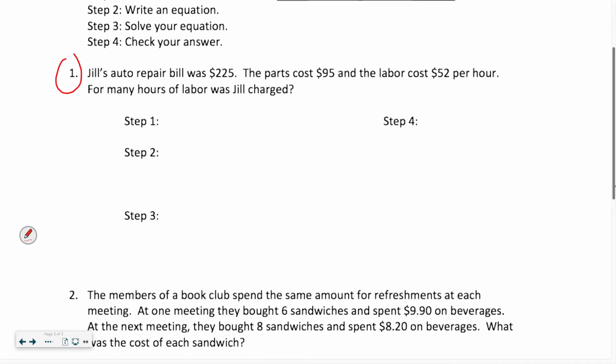So here we go. All right, so Jill, she needed to bring her car into the auto repair shop. She had this total bill of $225, and that's going to come from this idea of parts and labor. So why don't I just read it through first? Okay, Jill's auto repair bill was $225. The parts, okay, those are physical items.